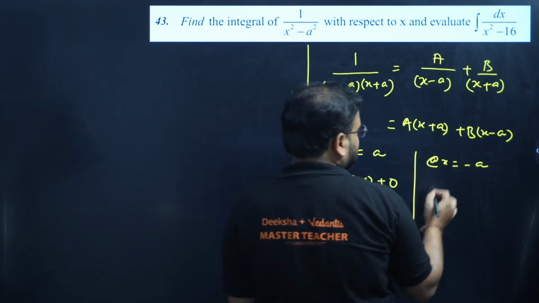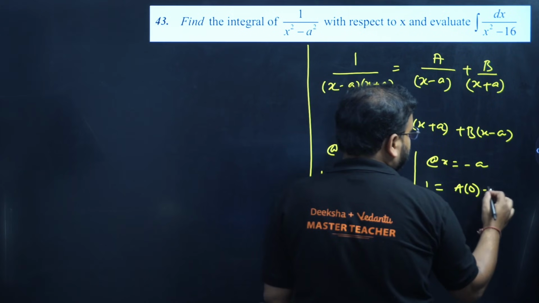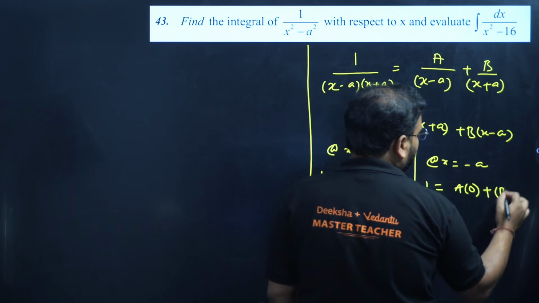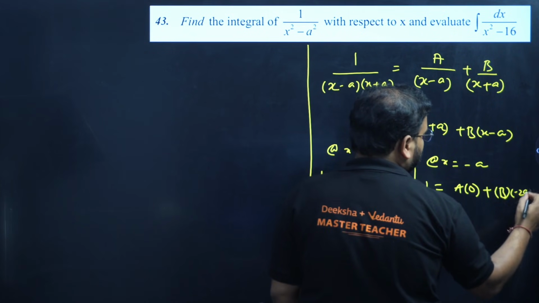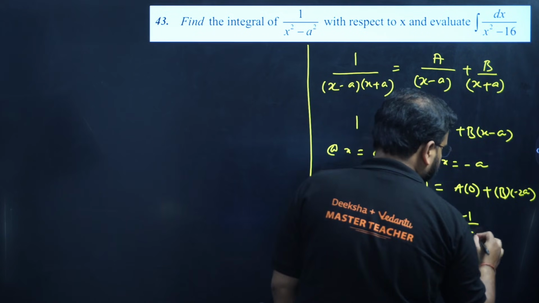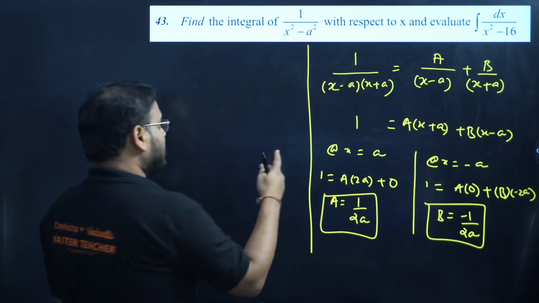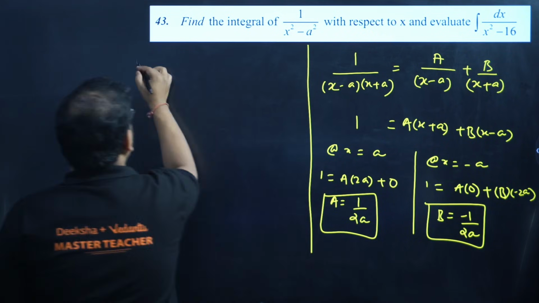When you use minus a, you get 1 equals to A into 0 plus B into minus 2 times of a. So I get the value of B as minus 1 upon 2a.